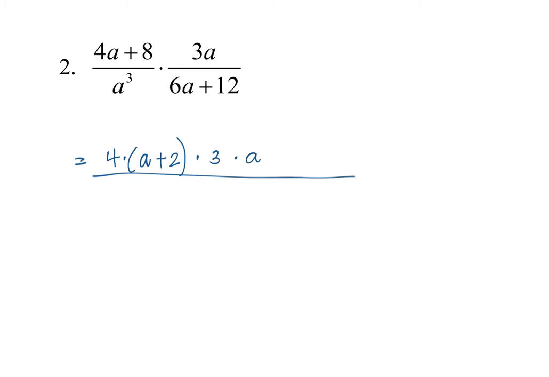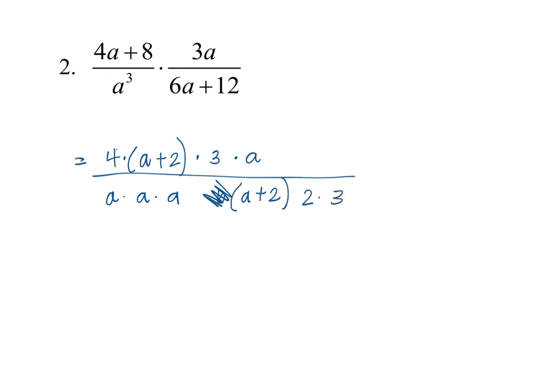In the bottom, we have a cubed, so a times a times a. And the 6a plus 12, we can factor out a 6 and would be left with a plus 2. And then for that 6, just know that that can be thought of as 2 times 3.